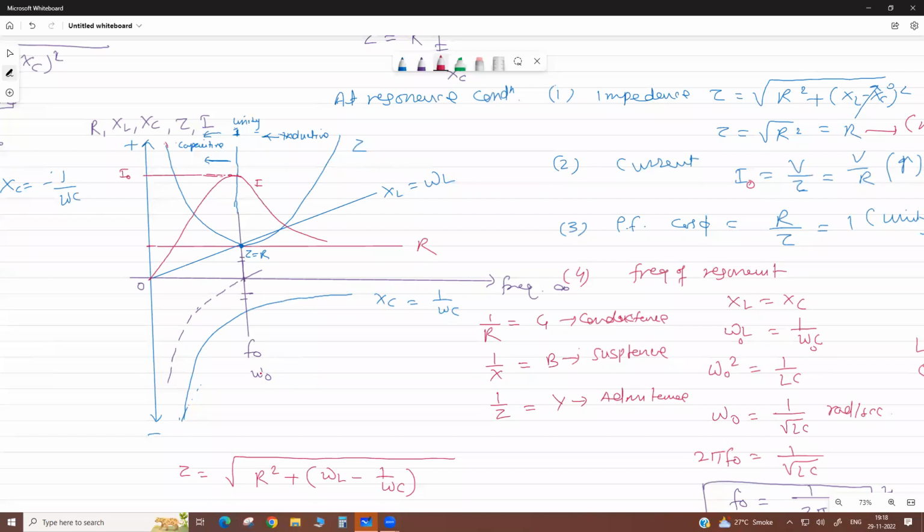Now there is one question they ask most of the time in class 2: the difference between series and parallel resonance.